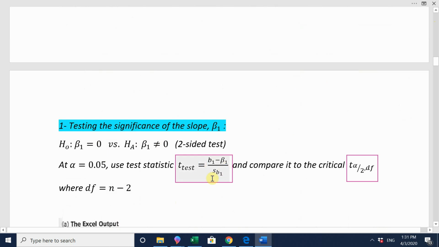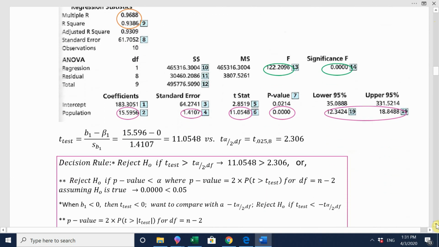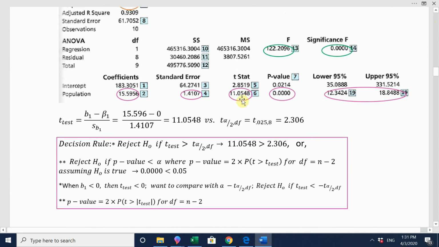The t-test took on this form, and based on my computer output over here, I got this t-test value of 11.0548. So it gives me exactly the same value that I get for the t-test value that I'm using now to address the hypothesis test of whether or not the correlation coefficient is 0.